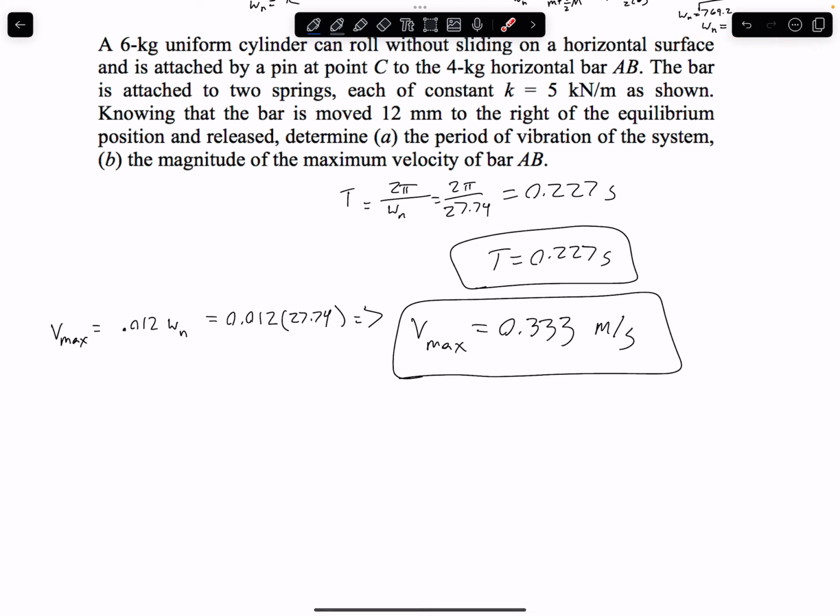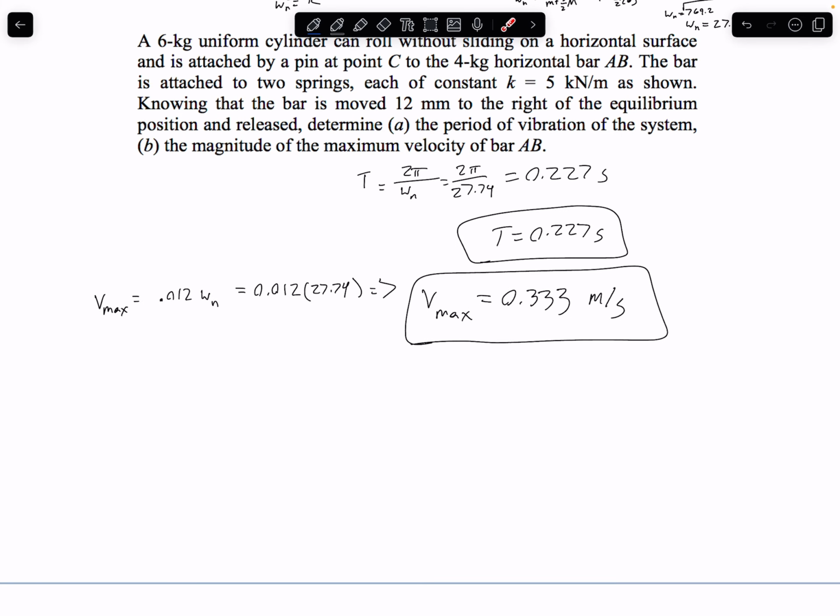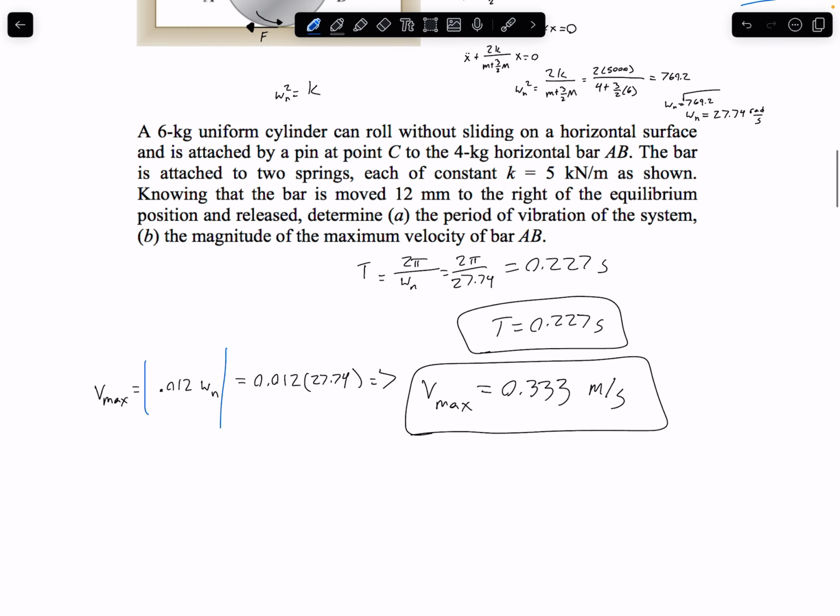We know the period is equal to 2 pi divided by omega n, so we get a period of 0.227 seconds. And then we know that Vmax is equal to the absolute value of 0.1, the max distance, times omega n, which ends up being 0.333 meters per second.